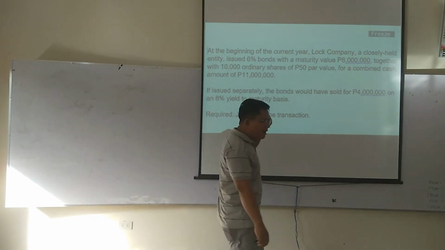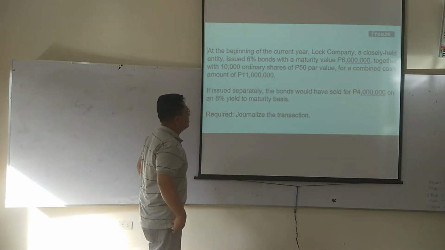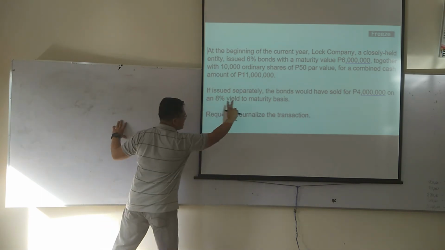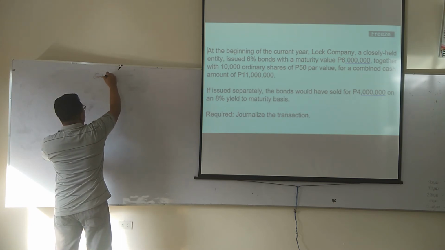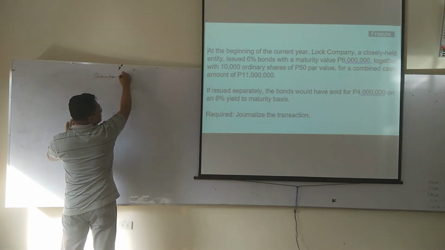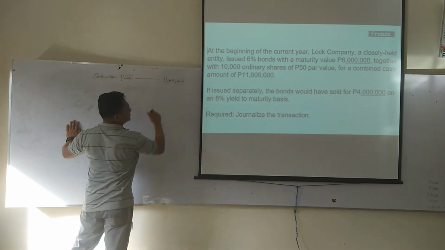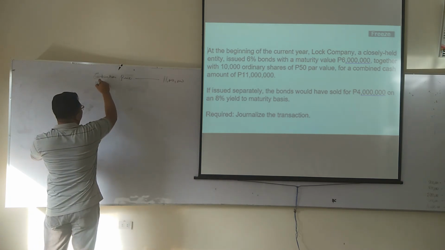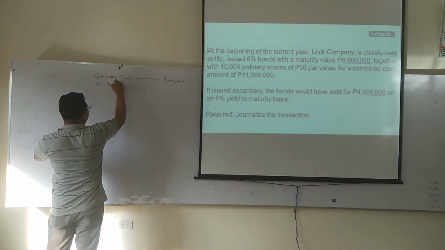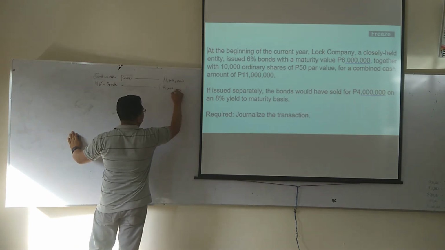If only one among the two has the market value, we will allocate first the one with market value. So this is the combination price, which is 11 million, and we deduct the market value of the bonds, which is 4 million.